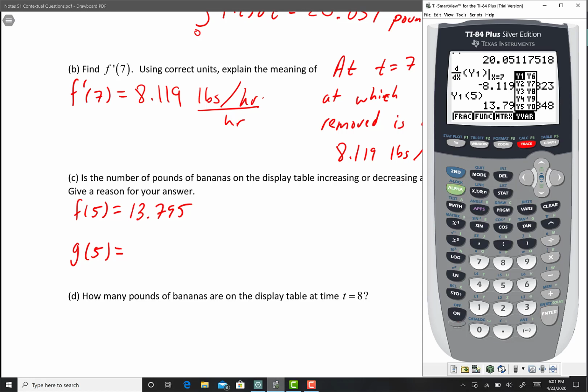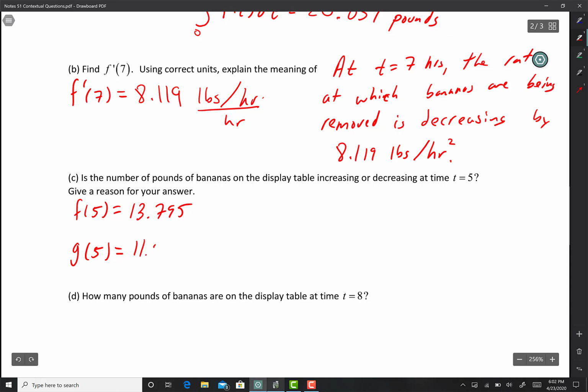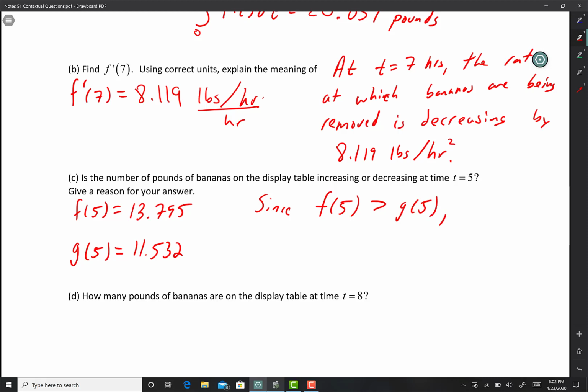So alpha calculate Y2, and then that's at 5, and that's 11.532. Perfect. So I'm going to write since f of 5 is greater than g of 5, number of pounds of bananas in the display table is decreasing.